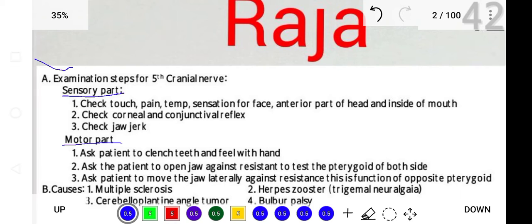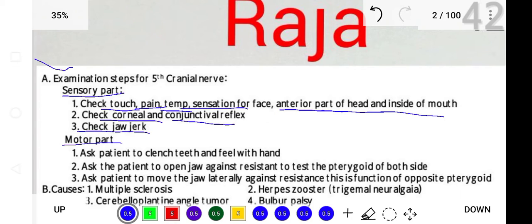In the sensory part we have to check touch, pain, and temperature sensation for the face, because the fifth cranial nerve innervates the face and anterior part of the head, the inside of the mouth, and the cornea. We have to check the corneal and conjunctival reflex as well. We have to check the jaw jerk.